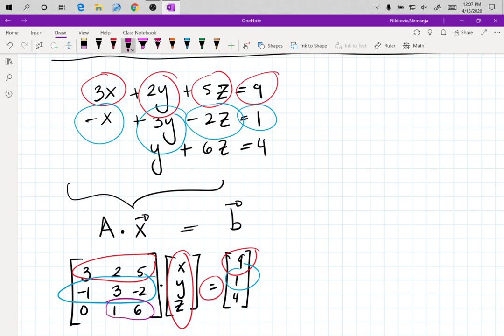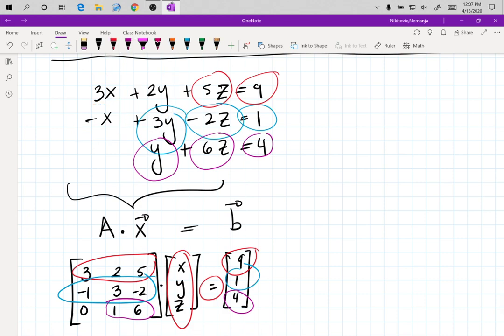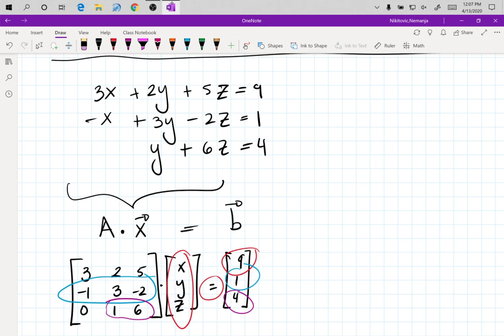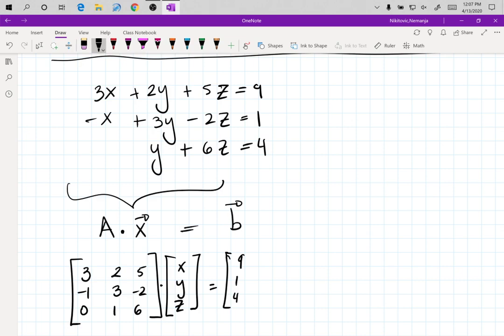You have 1 times y, 6 times z, and then you have your 4. It's very systematic. So we will be using this notation a lot.